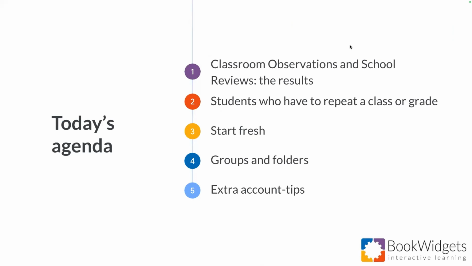So a few things for today's agenda. We're going to take a look at some classroom observations and school reviews. Let's take a look at your results. We're going to answer the question of what do you do if a student has to repeat a class or grade, how to start fresh, and then just some, again, additional tips and tricks for your groups and folders and account.